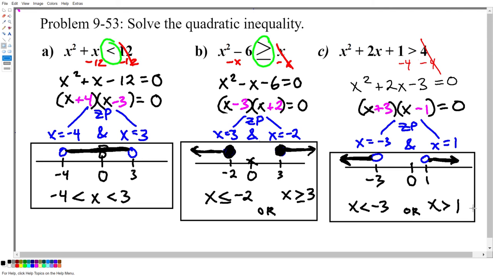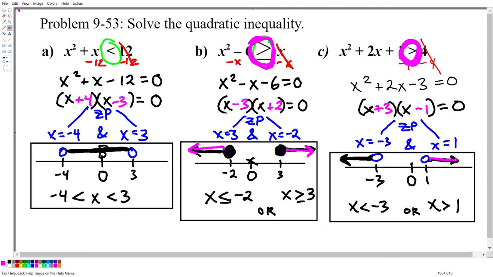Now, here's one last thing I want you to notice. When it is less than, is it true that it might always be in the middle? And if it's greater than, is it true that it's always on the outsides? Let's test the theory. The last one is greater than.